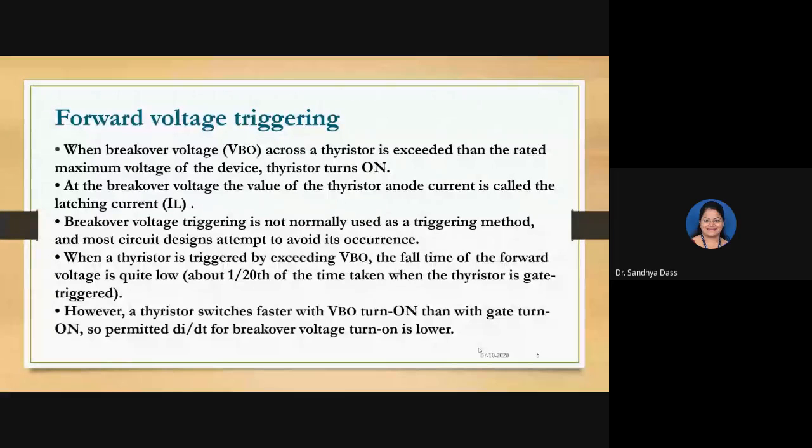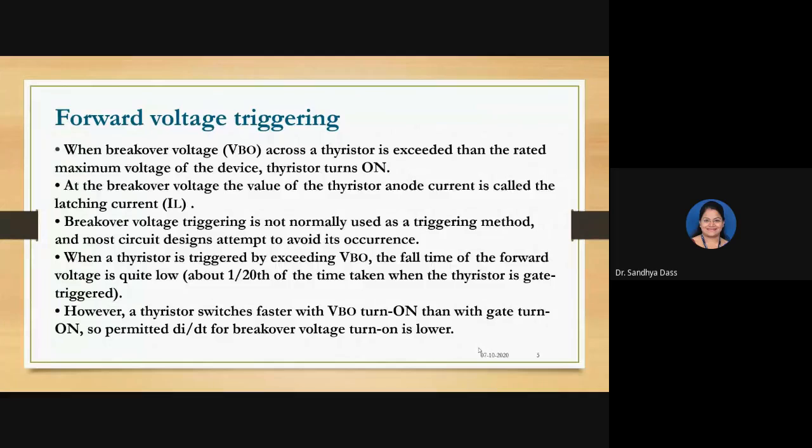So here it says that when a thyristor is triggered by exceeding VBO, that is forward voltage triggering method, the fall time of the forward voltage is quite low, which means that the switching of the SCR is faster here, okay? It says about 1/10 of the time taken by the thyristor in gate triggering, all right?